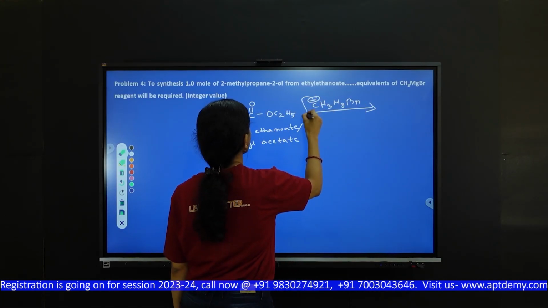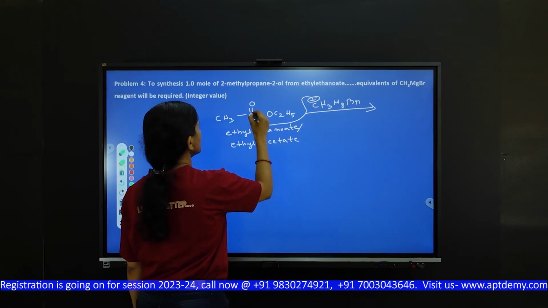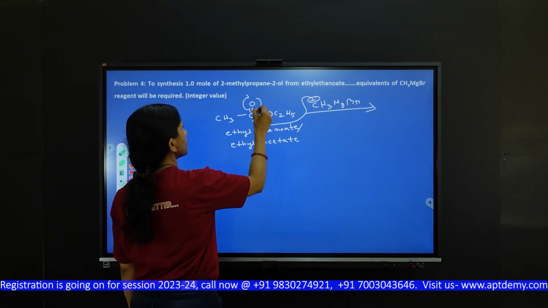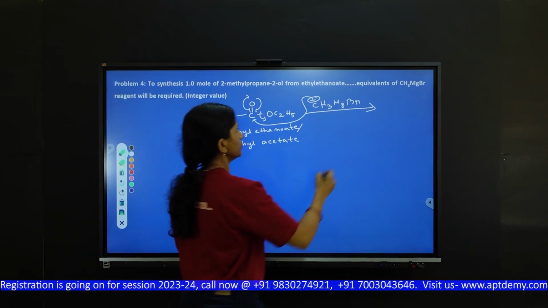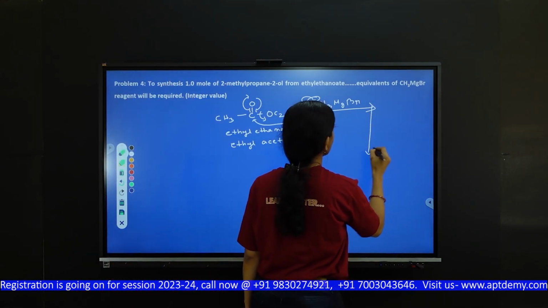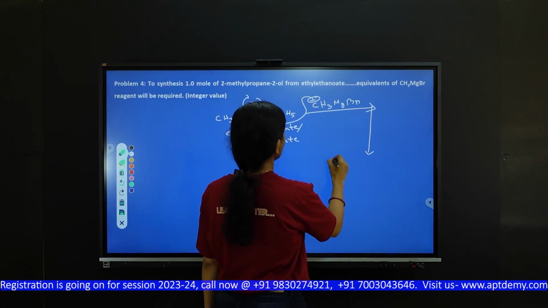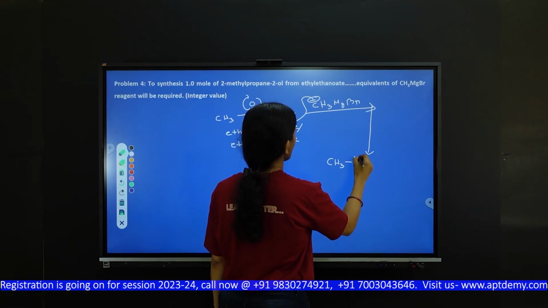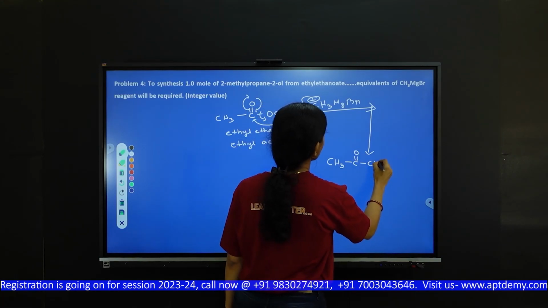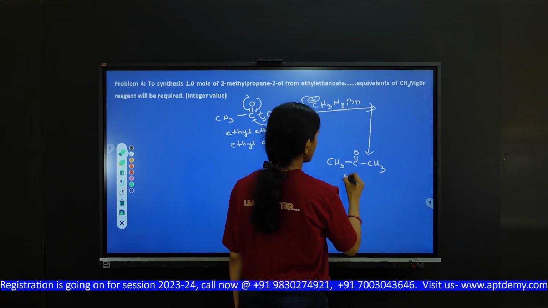So this anion will hit here, it will go here, it will come back here, and this bond will break. So what will it produce? It will produce CH3COCH3, that is nothing but acetone, right?